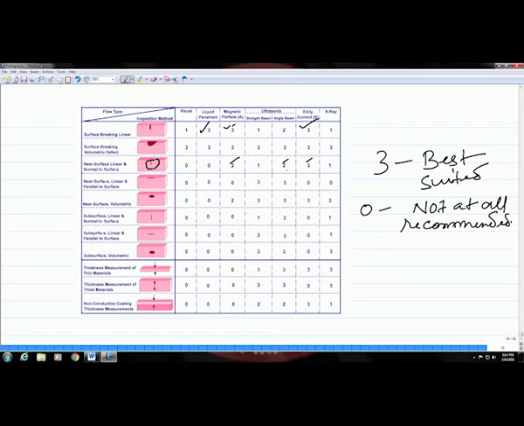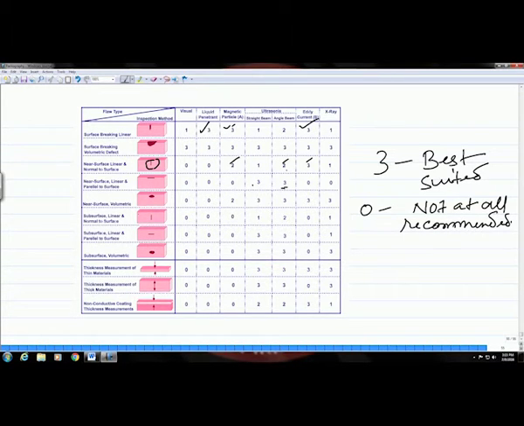On the other hand, if you have a near surface linear and parallel to the surface, that kind of defect, then the best possible method would be ultrasonic testing, provided you have selected the frequency properly and you have taken care about the near surface dead zone effects.